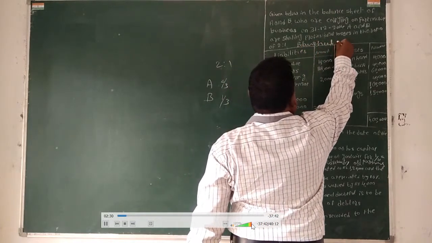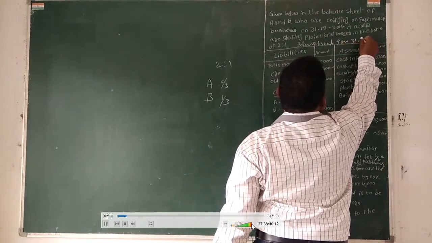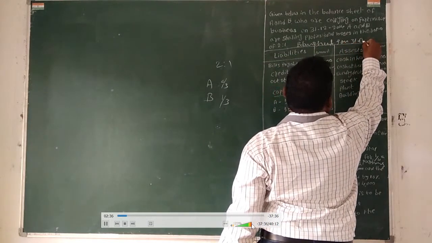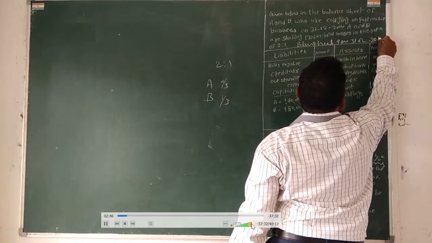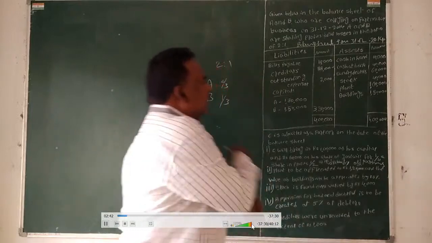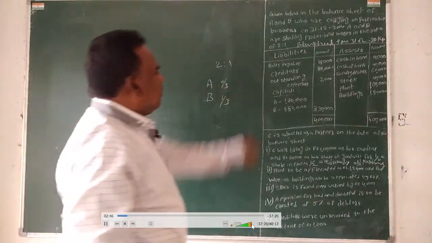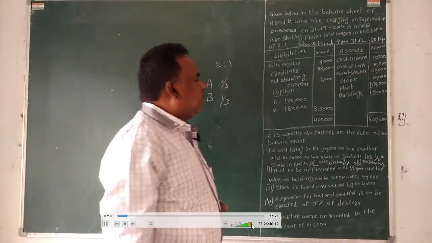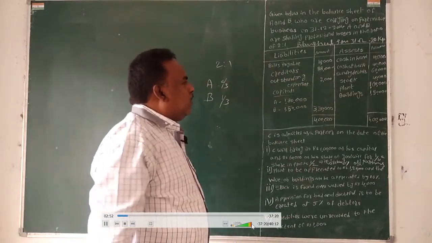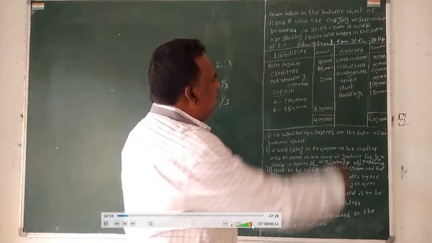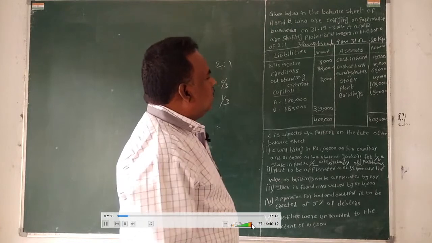In the balance sheet, the assets are: cash in hand 10,000, cash at bank 40,000, sundry debtors 60,000, stock 40,000, plant 1 lakh, and buildings 1,50,000. These are the assets.